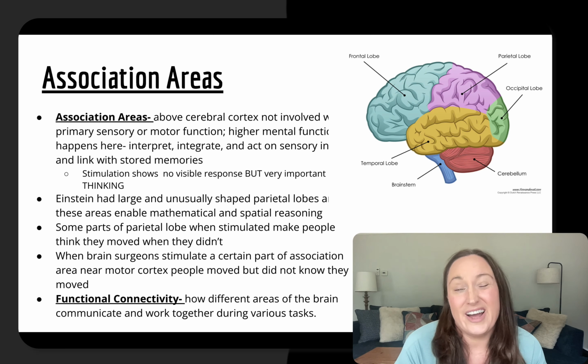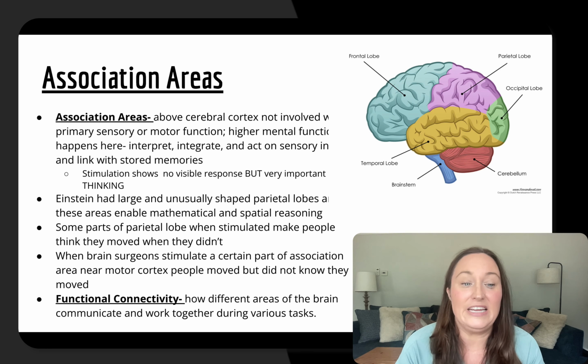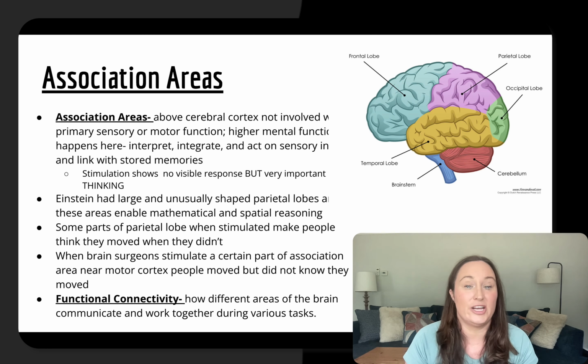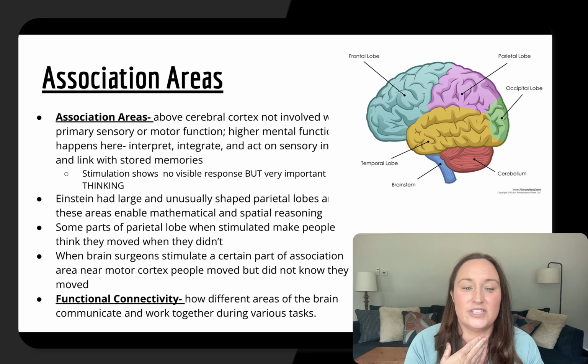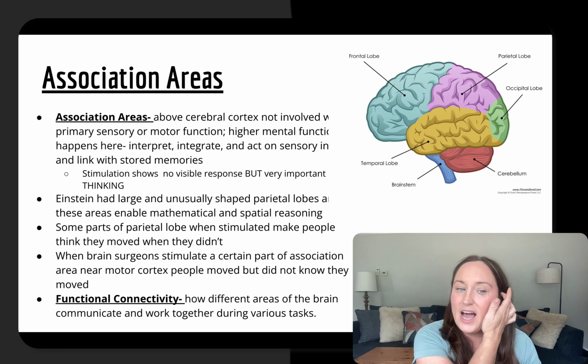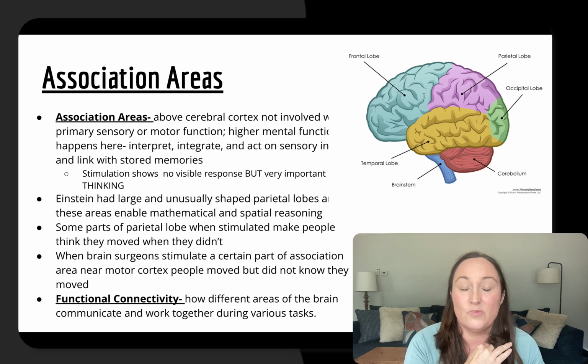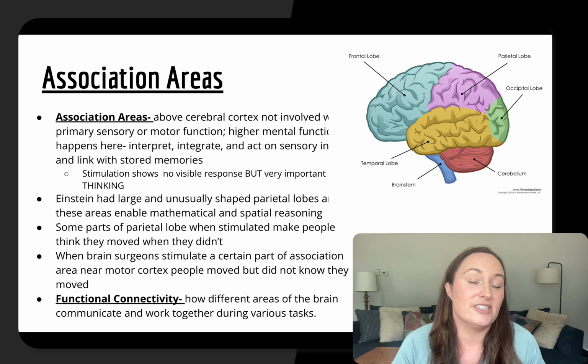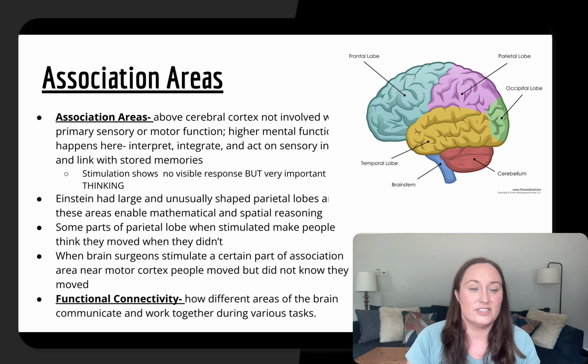We know that Einstein, while he had a typically sized brain, had a large and unusually shaped parietal lobe and association areas. So that mathematical spatial reasoning that was happening in those areas looked different for Einstein, which is interesting.